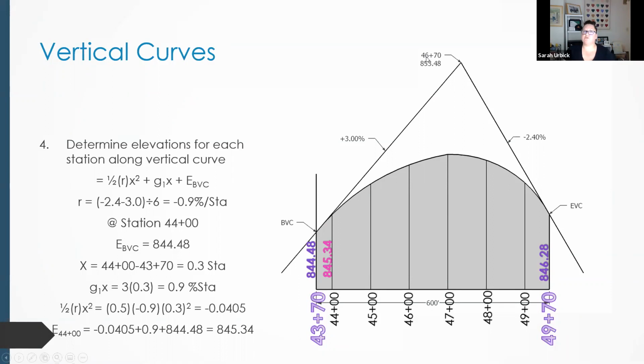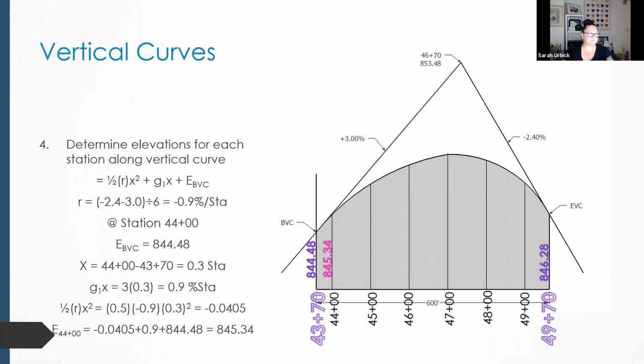At station 44 plus 70, I'm going to drop another 3 feet: 847.48. Getting back to my 43 plus 70, I'm dropping another 3 feet. Gives me 844.48. So we're going to use those slopes to our advantage. That's why I put so many of those slope problems on all the homeworks and quizzes.